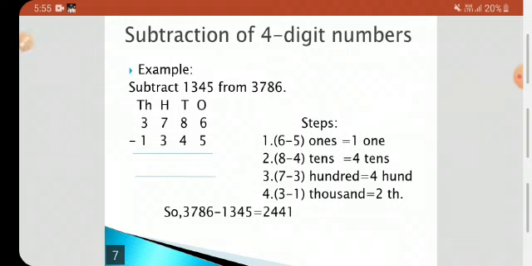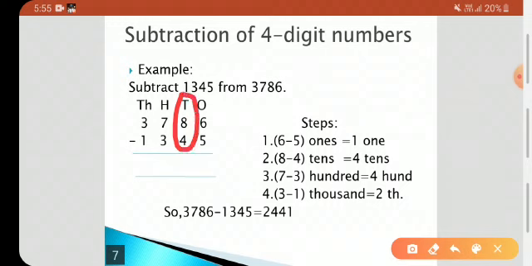Then our next step, we have to subtract tens. 8 minus 4 is 4.